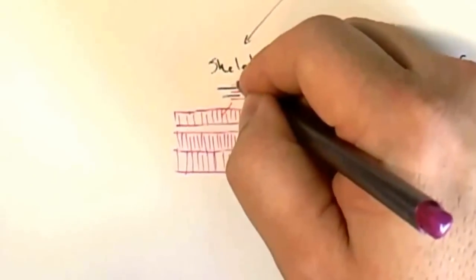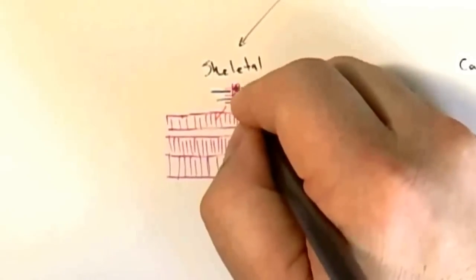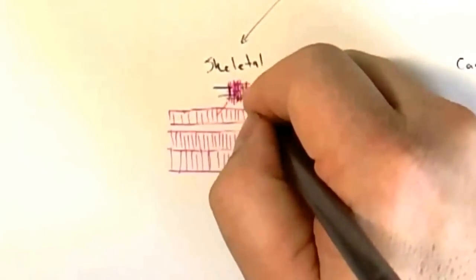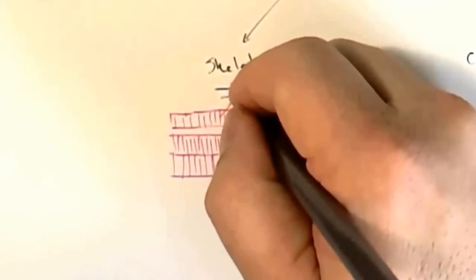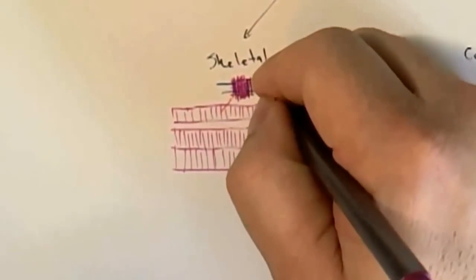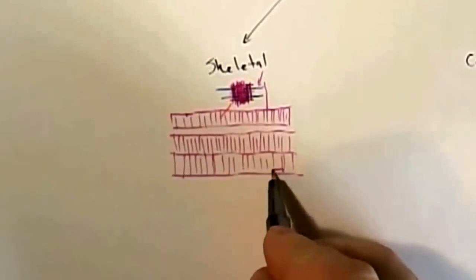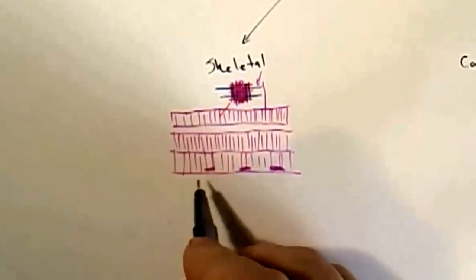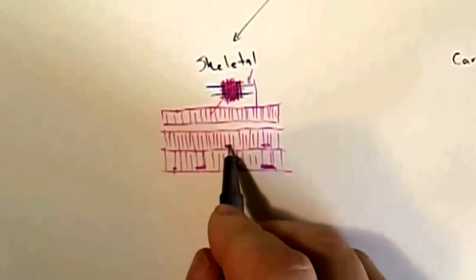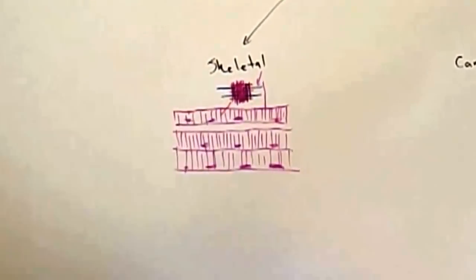So this layer right here ends up looking kind of reddish. I guess this whole layer here looks kind of reddish. And then this layer here does not look so red. And so you end up seeing striations. Some other things are the nuclei. There's multiple nuclei in these cells, and they're off to the side.